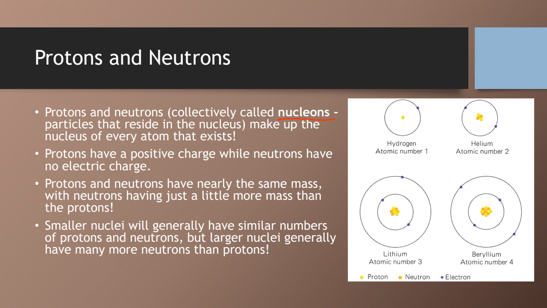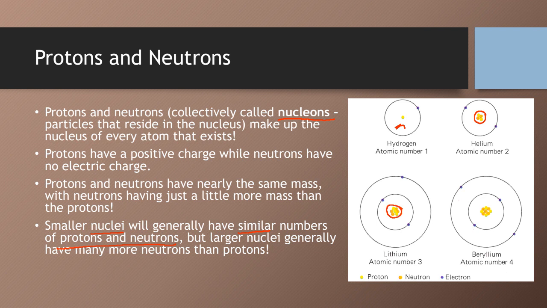Smaller nuclei will generally have similar numbers of protons and neutrons. Okay, so hydrogen has only one proton. Helium has 2 protons and 2 neutrons. Lithium has 3 protons and 4 neutrons.